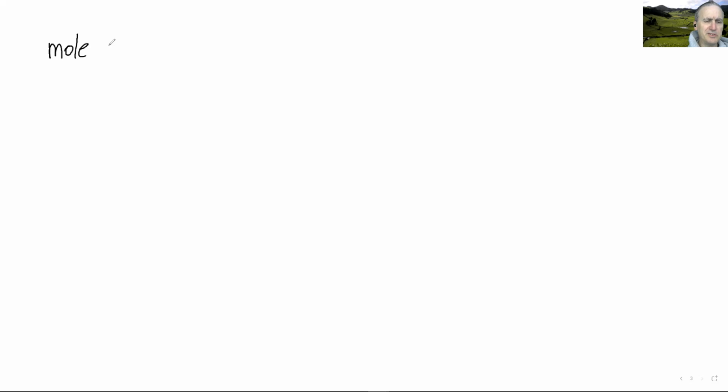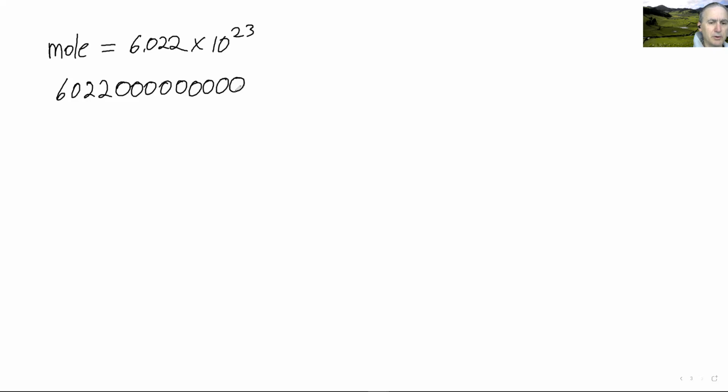So a mole, instead of being equal to 12, is equal to 6.022, and then some other numbers that we're not going to worry about, times 10 to the 23rd, right? That's how big a mole is. It is whatever that number is, 6.022 times 10 to the 23rd.